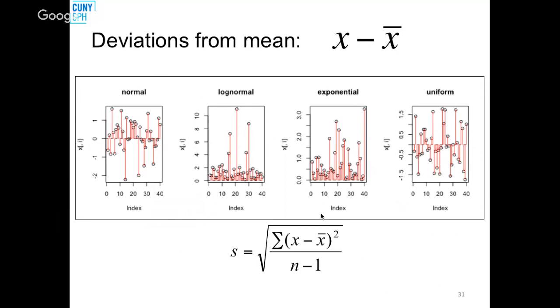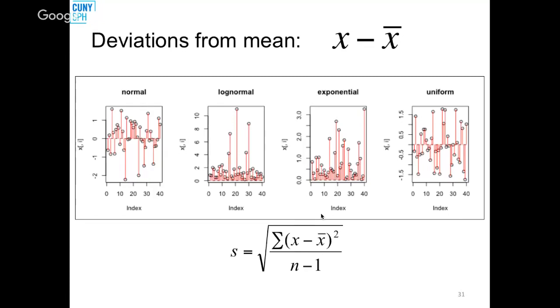So these red lines represent the xi minus x bar. X bar is this horizontal line, xi are the observations, and the length of the red line is the deviance.